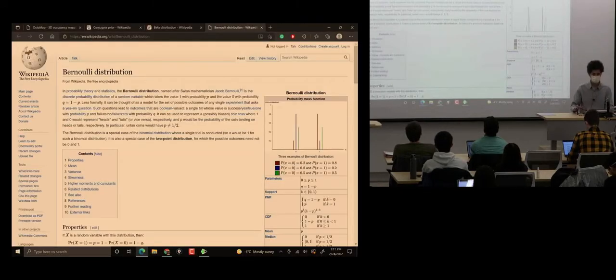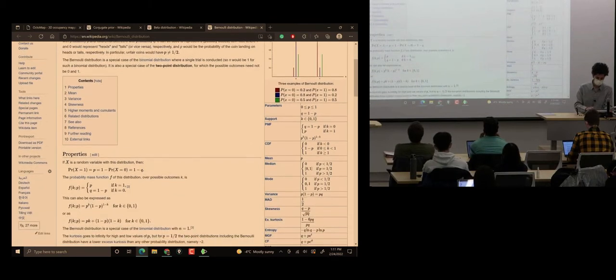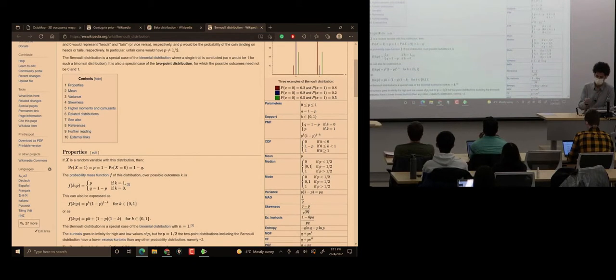Now the conjugacy comes in when we choose a likelihood that is Bernoulli. A Bernoulli likelihood is a probability mass function that gives you a probability of P, let's say if the event is 1, is true, and it gives you another probability, which is 1 minus P, if it's false.